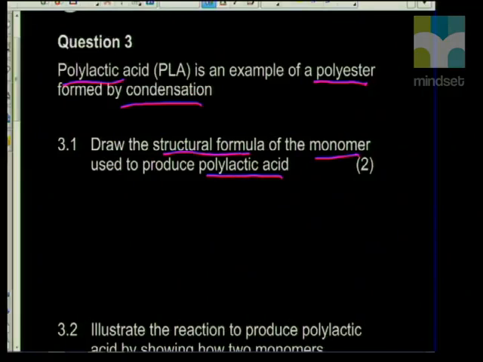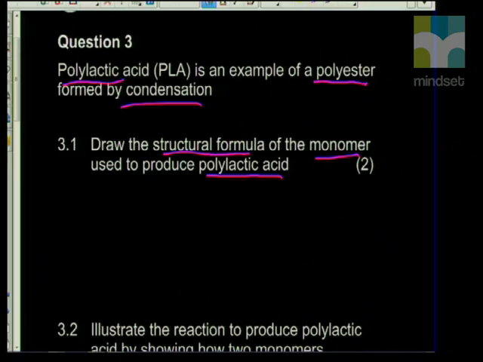So I need to draw the structure of lactic acid. Let me draw it over here. This one you're going to have to learn, and I've had to learn it as well. We need to recognize that it has a carboxylic acid end on one side. Now check the number of bonds: 1, 2, 3.